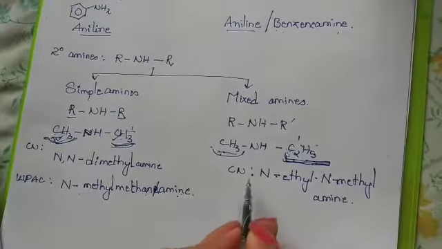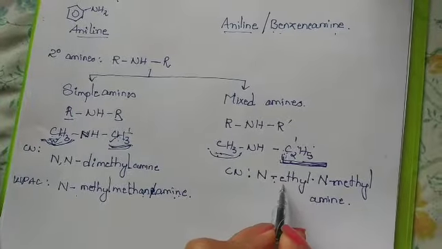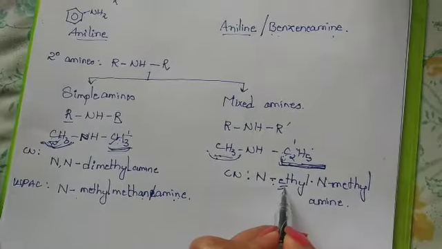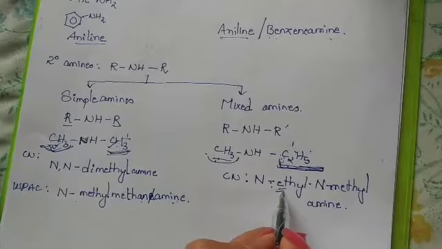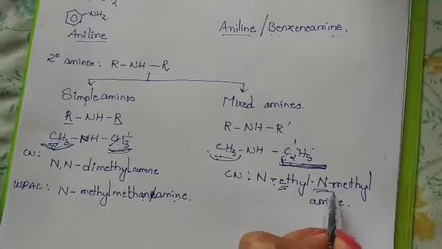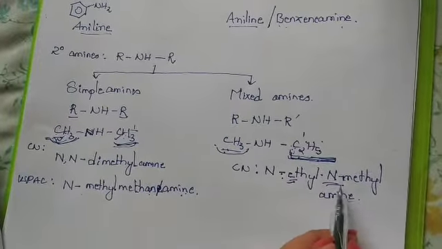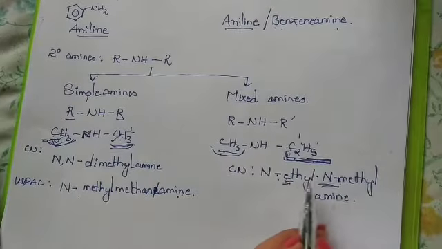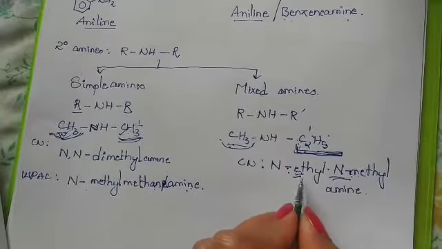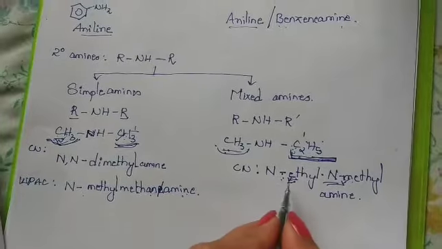And while writing the common name, you write the substituents arranged alphabetically. Since E comes first, then M, E will be written first.